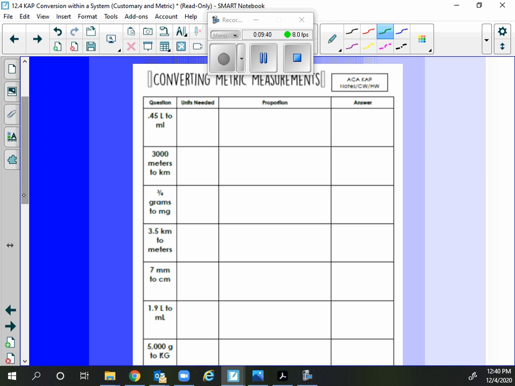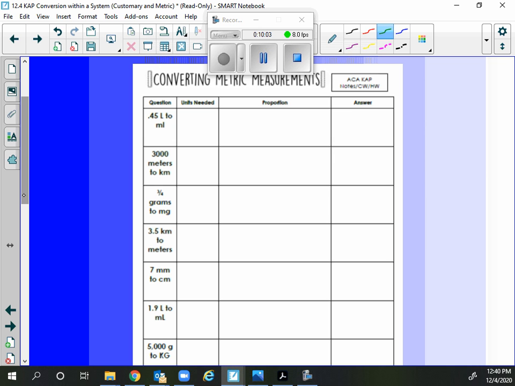So in metric, we have 3 units of measure. Liters does volume, grams does mass, and meters does length. So it's nice because it's essentially a base 10 system, and it works really easily when we multiply or divide by 10, 100, or 1,000.